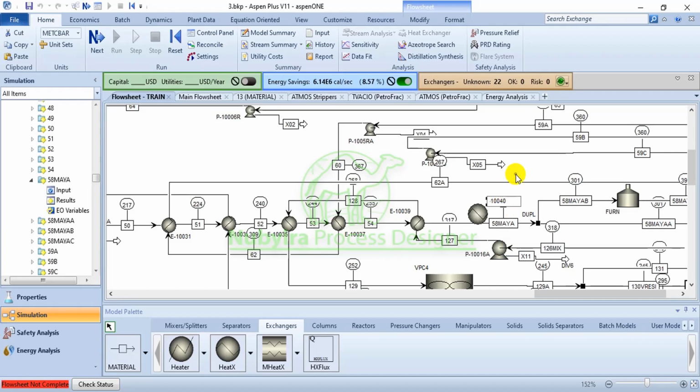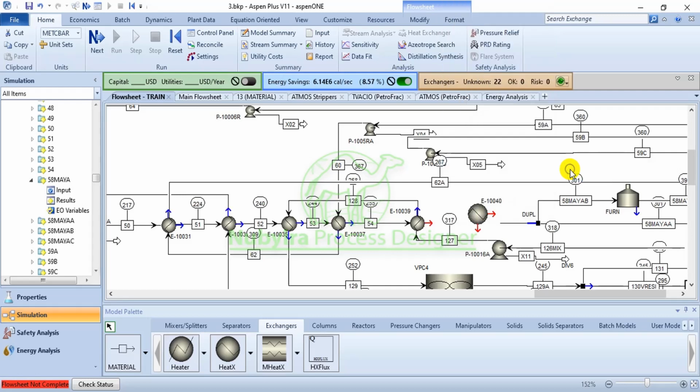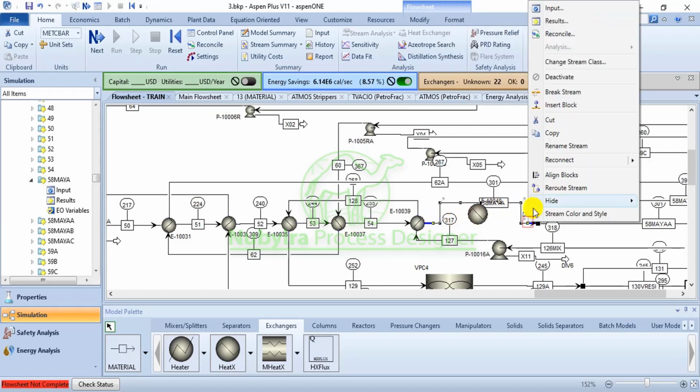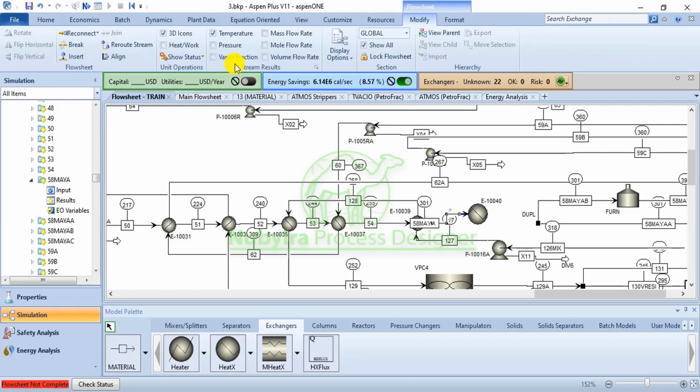Okay, for this, I'm going to reconnect it to the common.